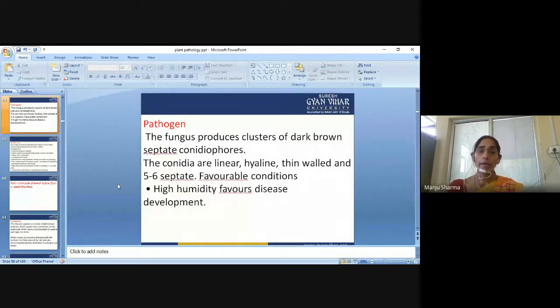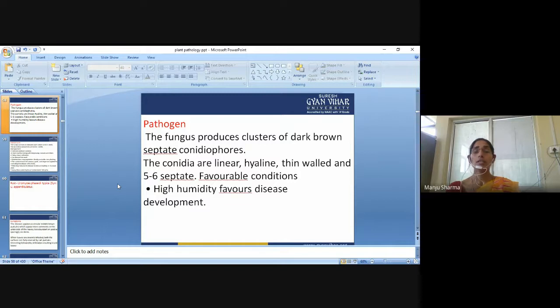Pathogen: the pathogen produces clusters of dark brown septate conidiophores. The conidia are linear, hyaline, thin walled, and 5 to 6 septate.